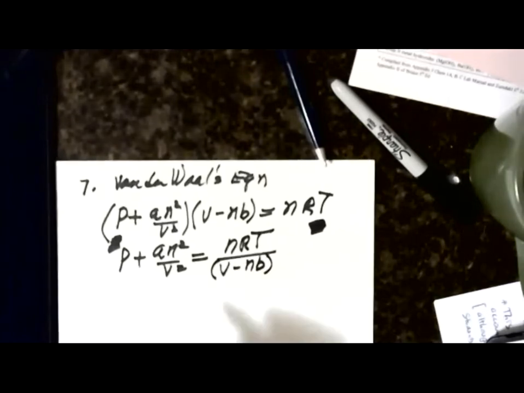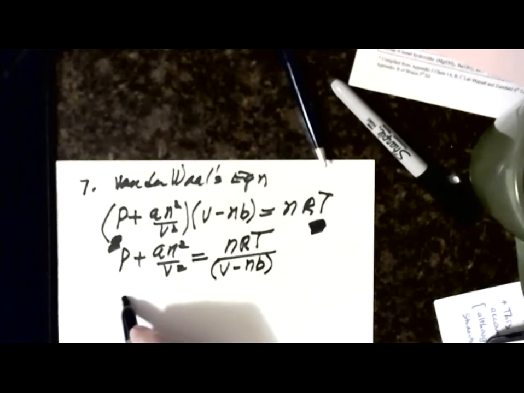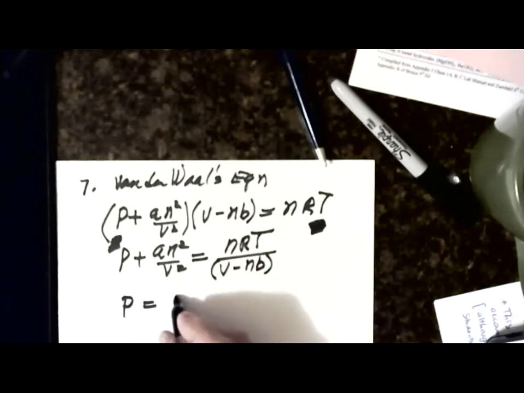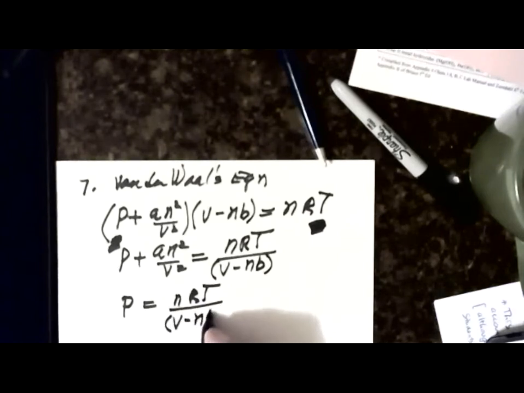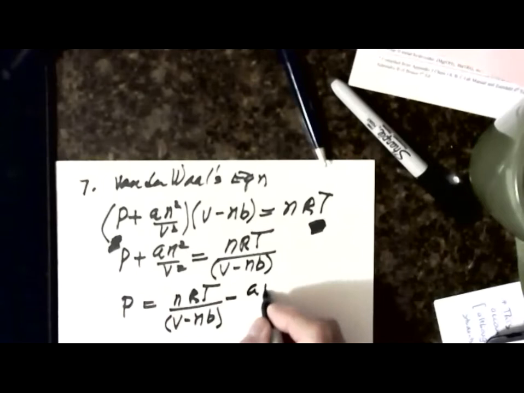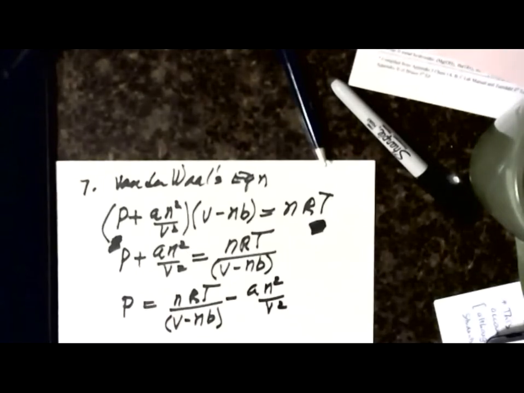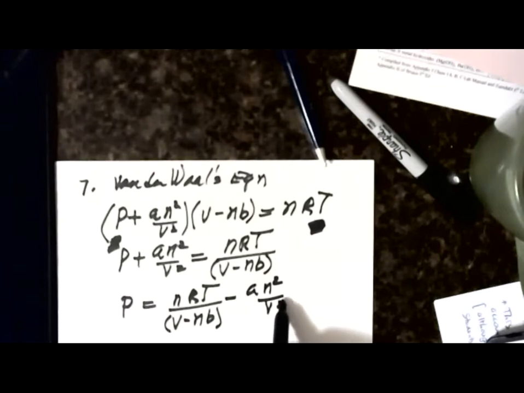Okay, now I want to get pressure by itself, so I need to subtract An squared over V squared from both sides. So P is going to be nRT divided by the quantity V minus nB, minus An squared over V squared. So now this is the form of the van der Waals equation we need for this particular problem.